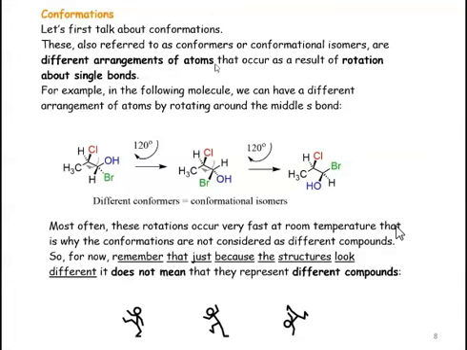And what do they represent? They represent different arrangements of atoms that occur as a result of rotation about a single bond. For example, now let us see these three structures.